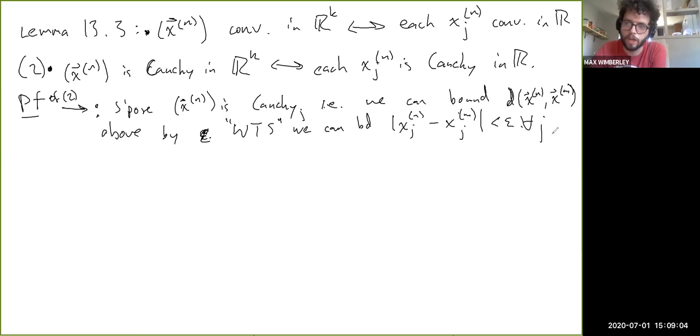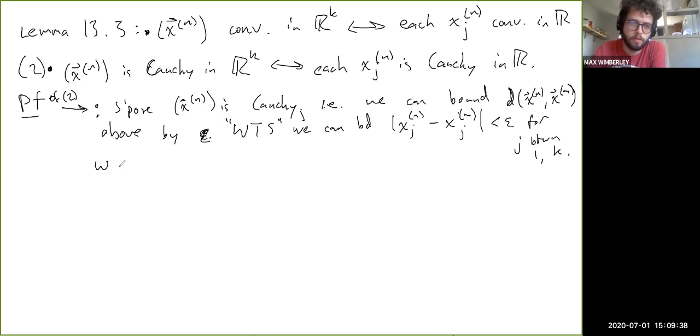So for each j, specifically for j between 1 and k. There are k different sequences here since we're in R^k, so there's one for each value of j, and then we let the upper superscript move around to form that sequence. The way you do this is actually very simple.